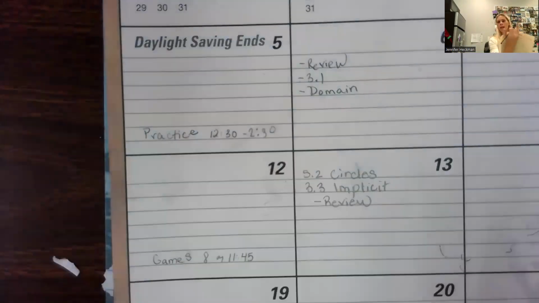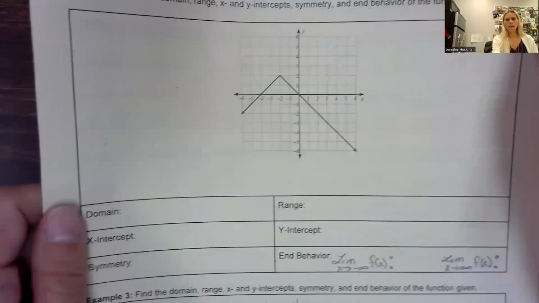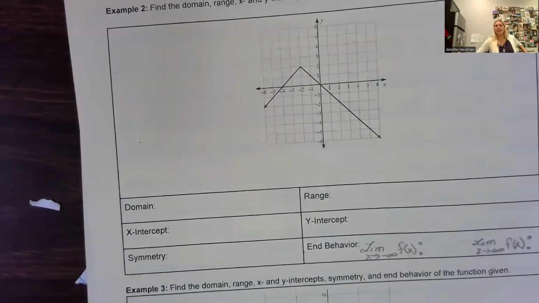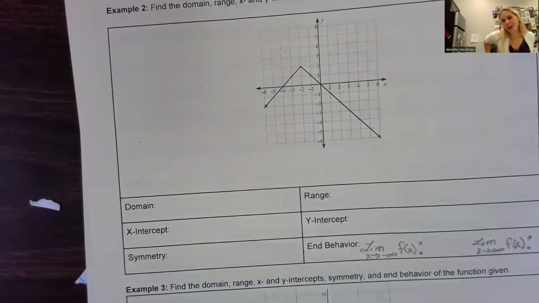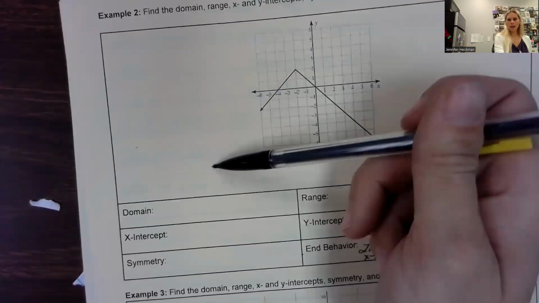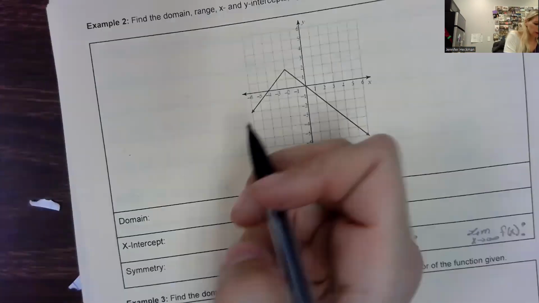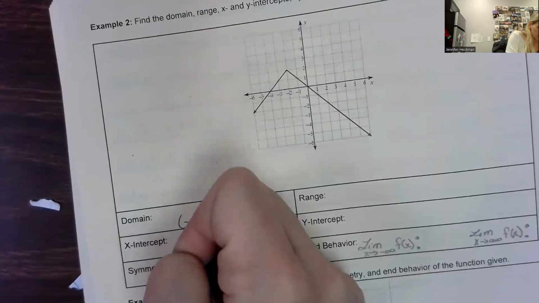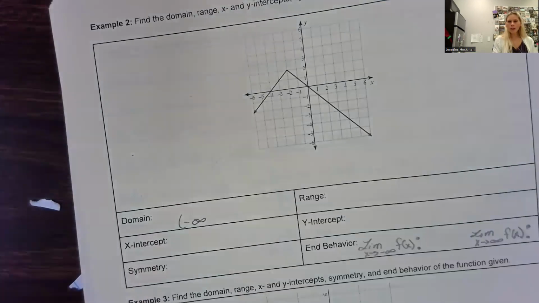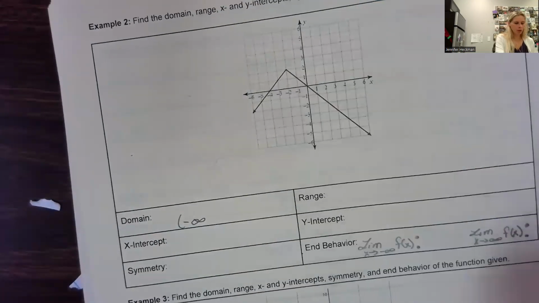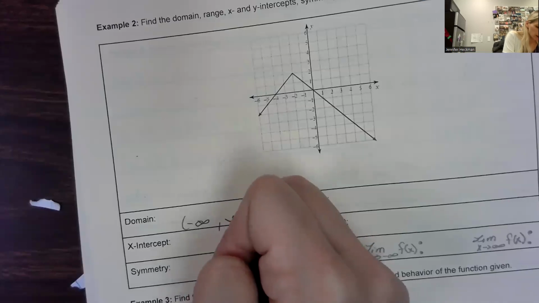Okay, let's see if I can avoid a common mistake. Luckily, this graph shows us the arrows. So domain: even though the left side is going down here, it's still going out to the left, which means negative infinity. On the right, it keeps going out to infinity.